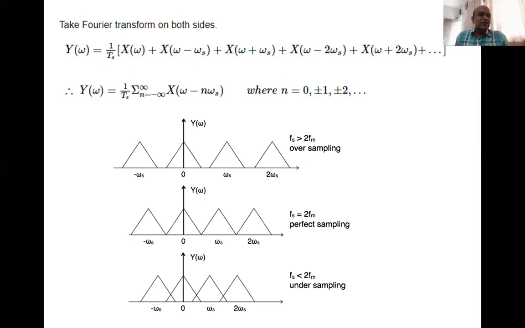This is the crossover, which means the signals are superimposed with each other. So to obtain perfect sampling, or oversampling, or pure sampling, the condition of sampling is that fs should be greater than twice fm.